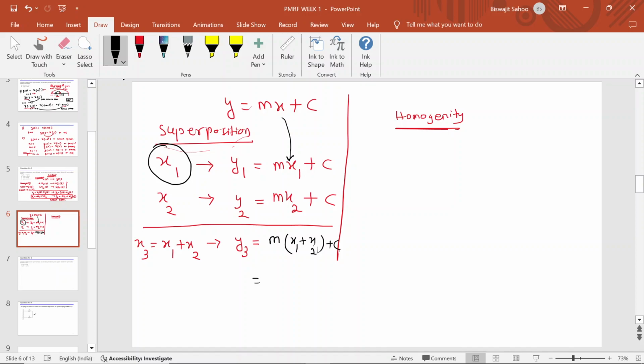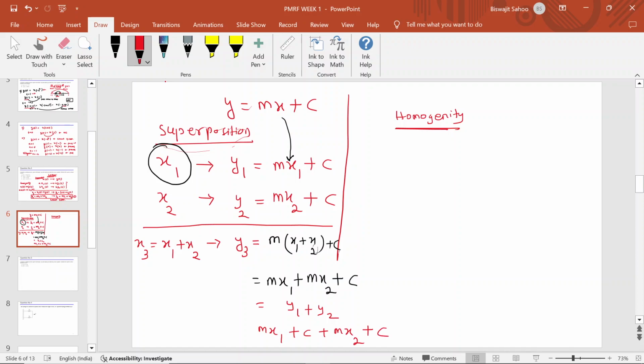Now open this bracket: mx1 plus mx2 plus c. But it should be equal to the summation of outputs, y1 plus y2. But what is y1? y1 is mx1 plus c, and y2 equals mx2 plus c.